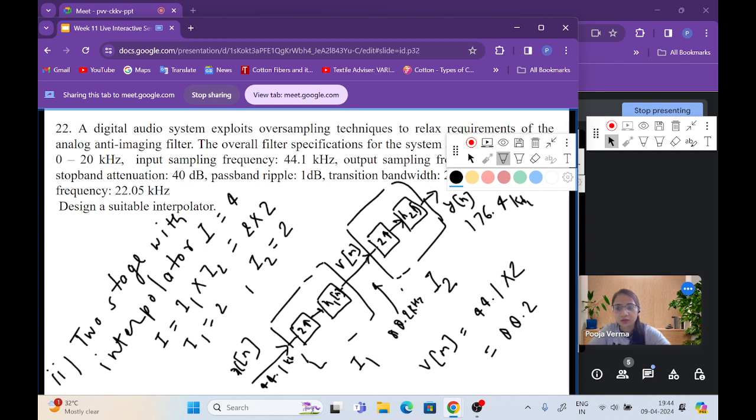Okay. So if the question is given like this and you are asked to design an interpolator, you have to go through these steps. First single stage interpolator, then second stage. And if you can further divide it, you can design with that only. Here I is equal to 4 only, so I have taken a two stage interpolator function.